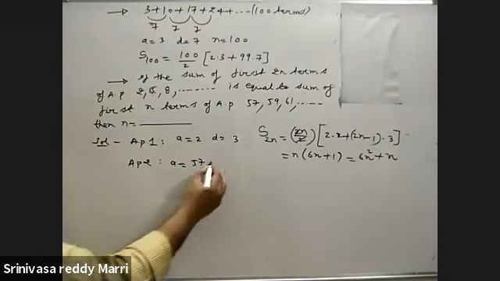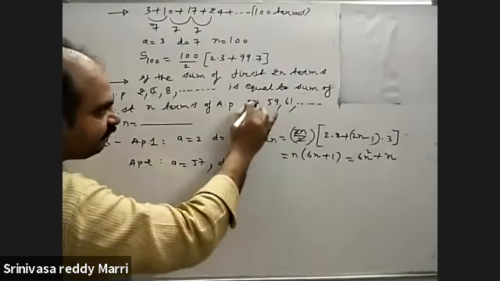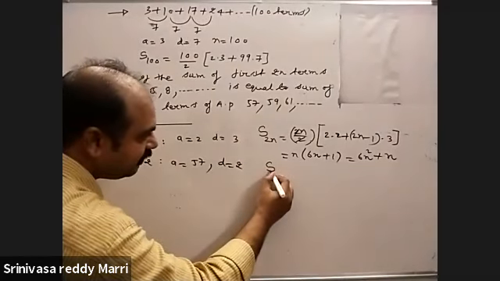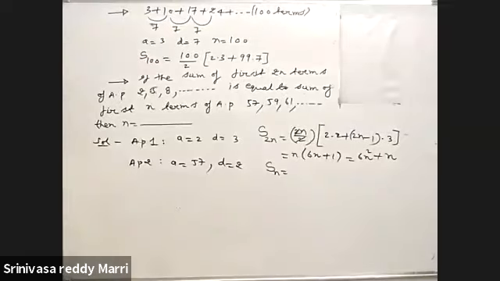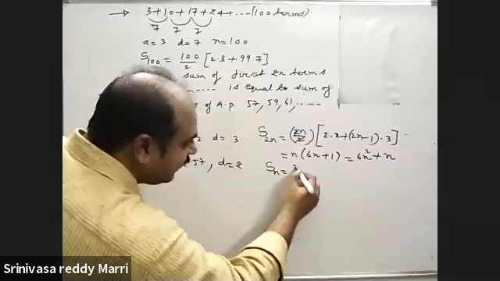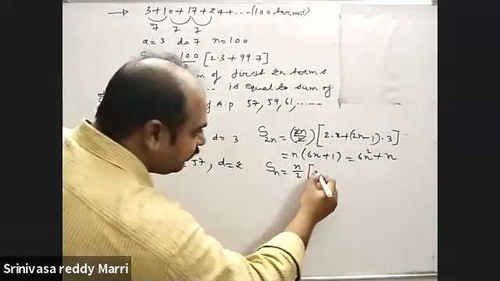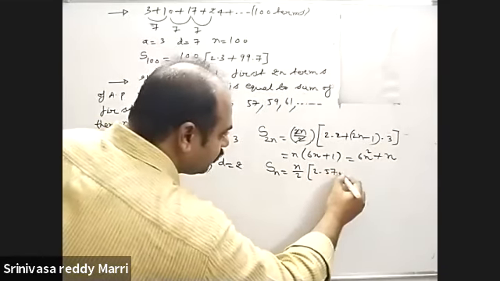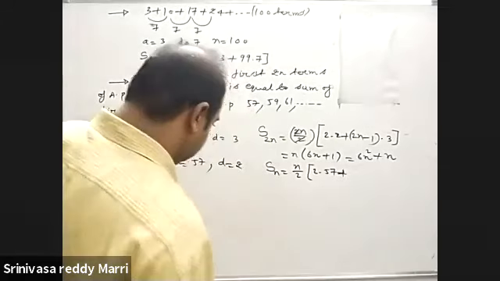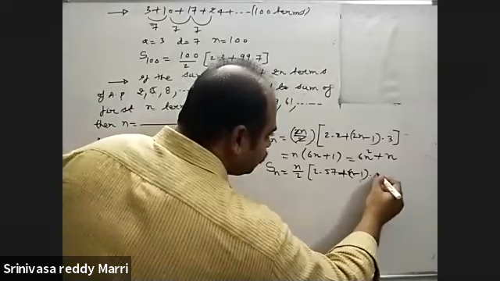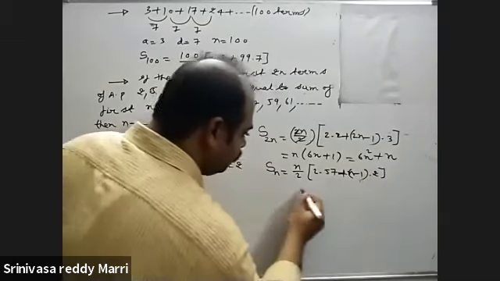A equal to 57, D is 59 minus 57, which is 2. So for this, the sum of first n terms is n divided by 2 into 2a plus n minus 1 into 2.